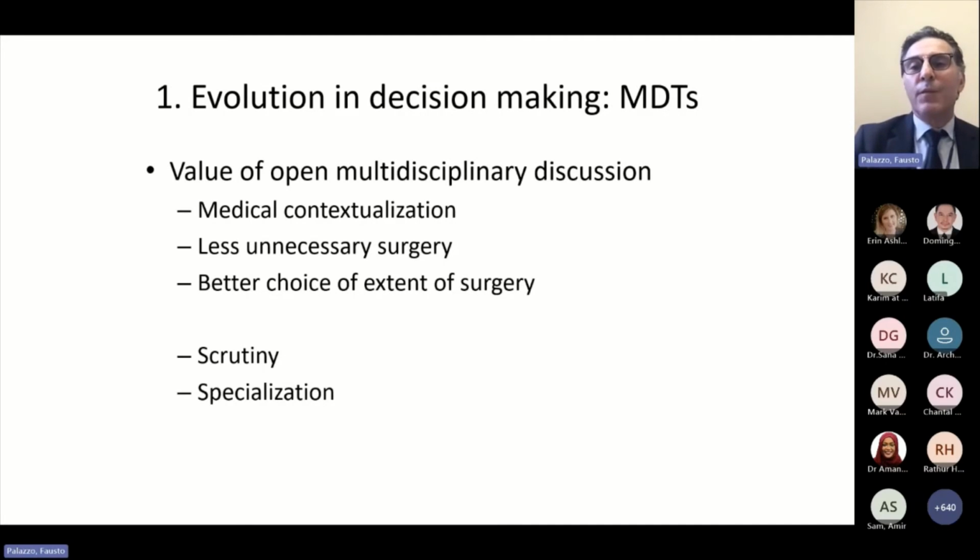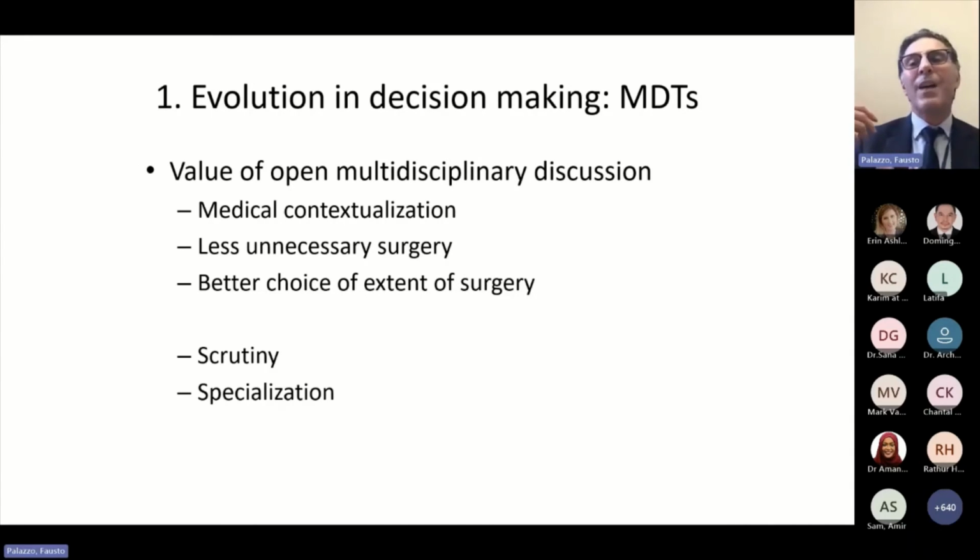Now, this is a physician audience, so many of you may feel that surgeons shouldn't be trusted with any sort of medical decision making. And you might be right, because multidisciplinary team meetings have added a great deal to the decision making, not only in thyroid malignancy, but also in benign thyroid disease.